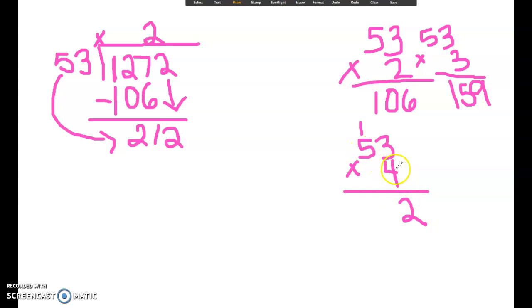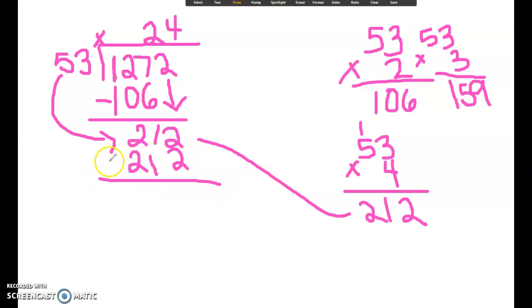And then I need to know what is 5 times 4? 20. 20 plus 1? 21. Hey, look! That looks pretty good. Do you guys see it? So what number am I going to divide by? 4. Because 53 times 4 is 212.